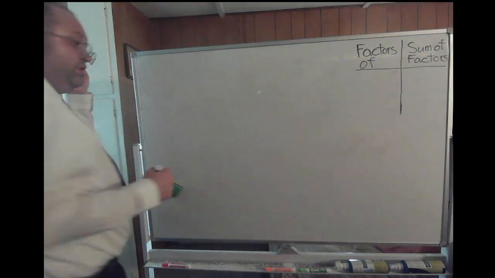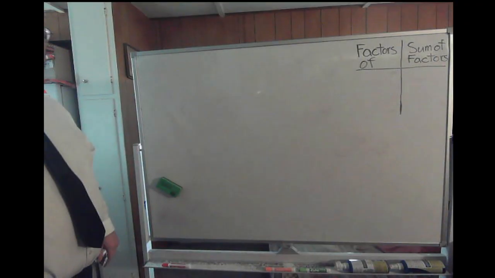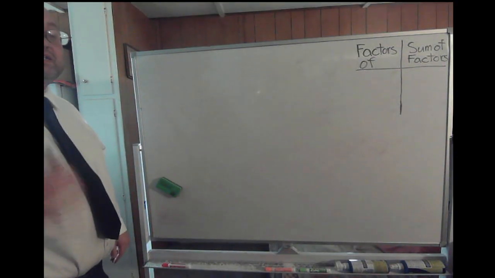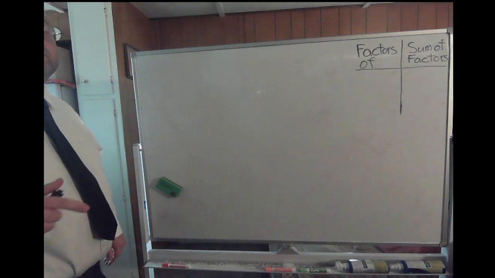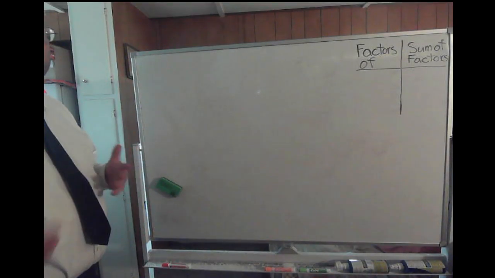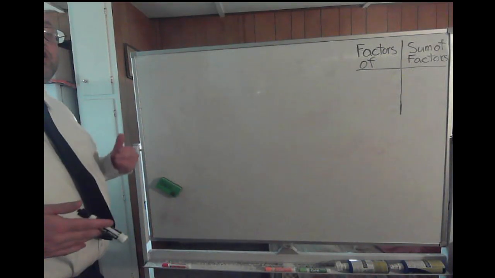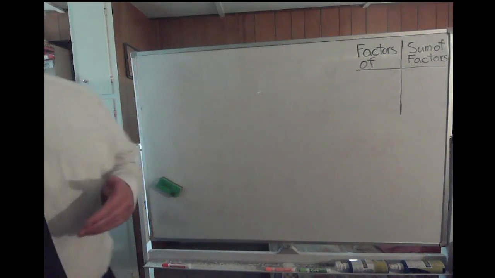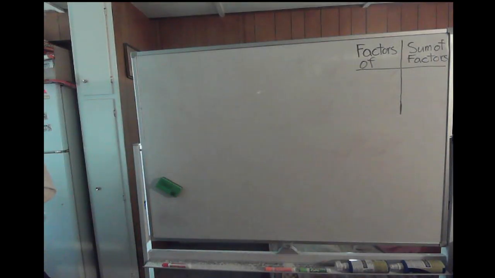So if your middle term is negative, you find negative factors of the constant. If your middle term is positive, you find positive factors of the constant that add up to the coefficient of the middle term. So that's where we're at so far.